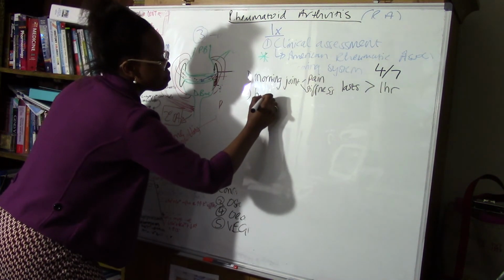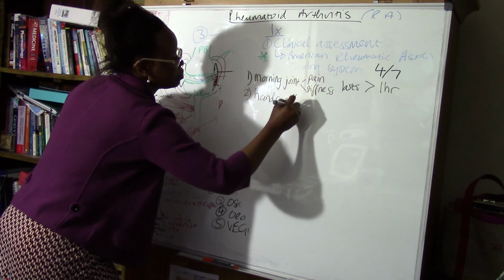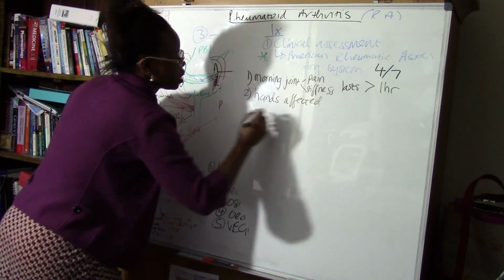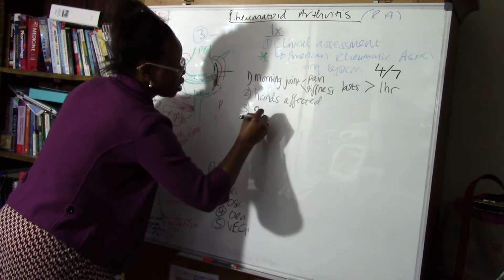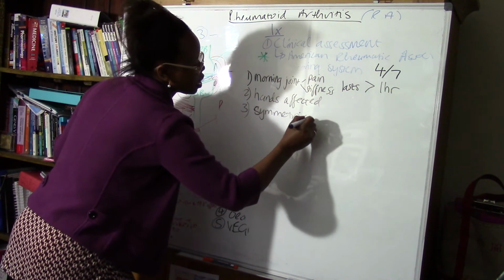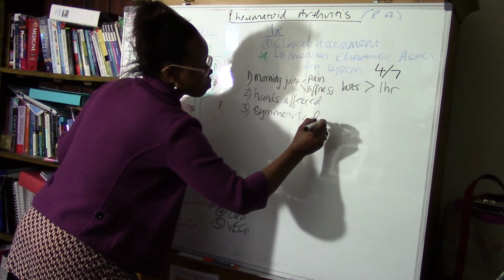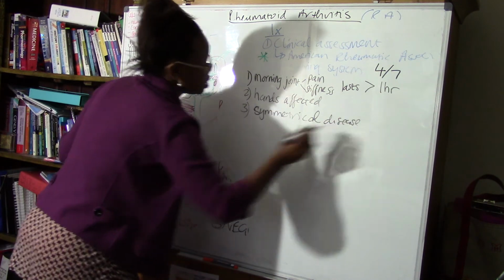The hands must be affected. It has to be symmetrical, because obviously we know that RA is a symmetric disease.